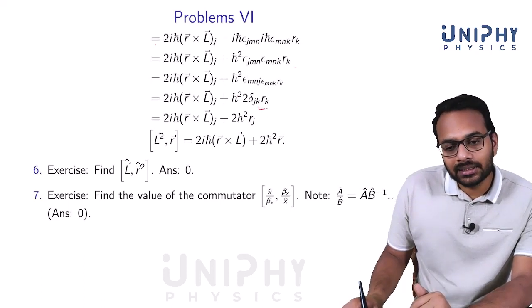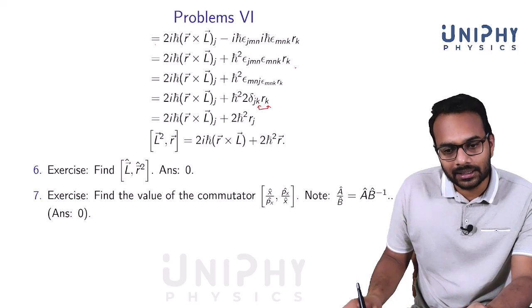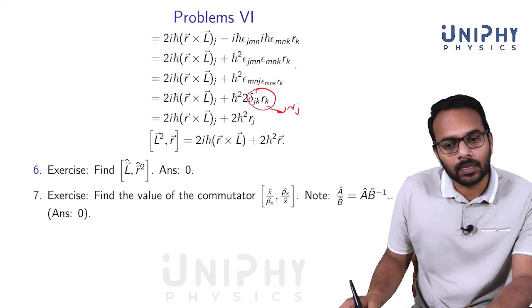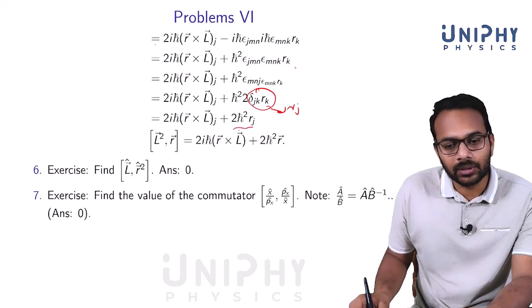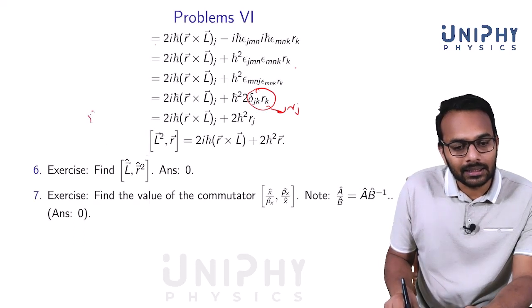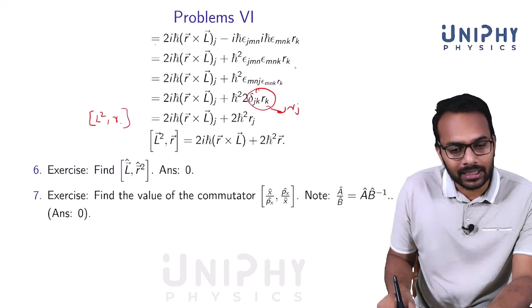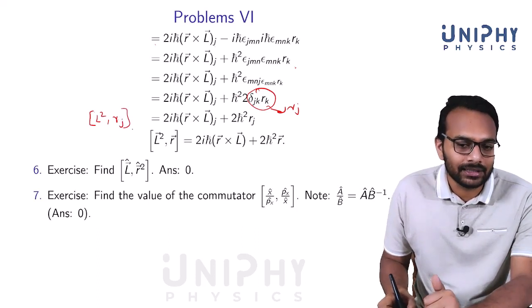For all this summation, the only non-zero value is when k is equal to j. That's what this Kronecker delta says. So this summation is actually r_j. So it's 2ħ cross square r_j. You see that this is actually L square with r_j, just the jth component of it.